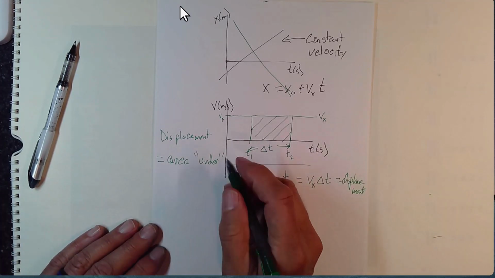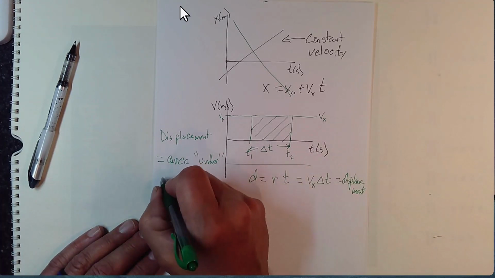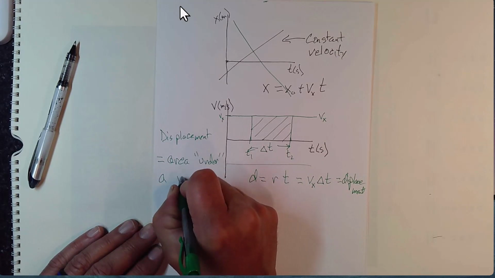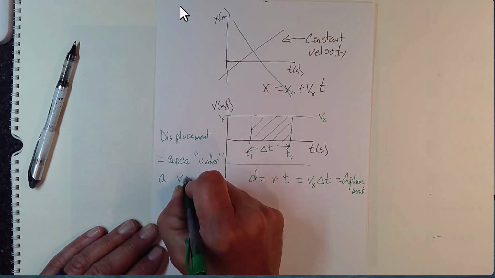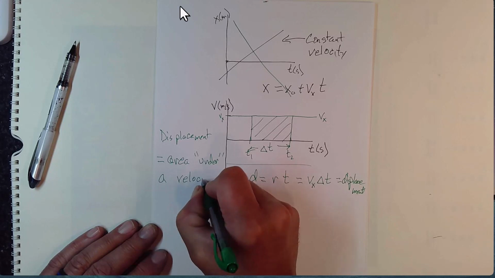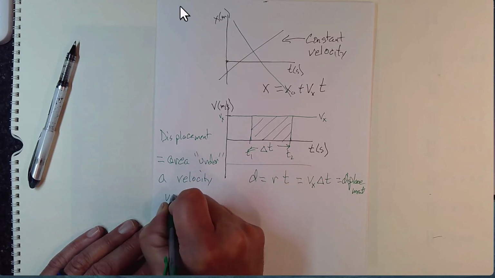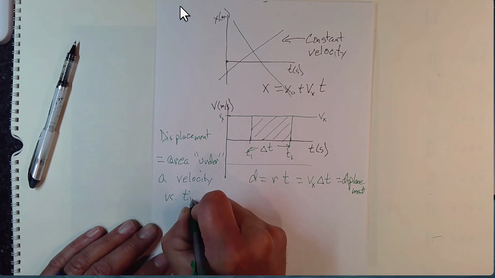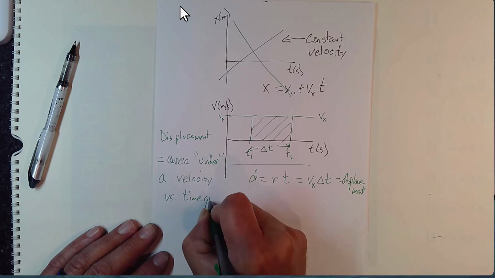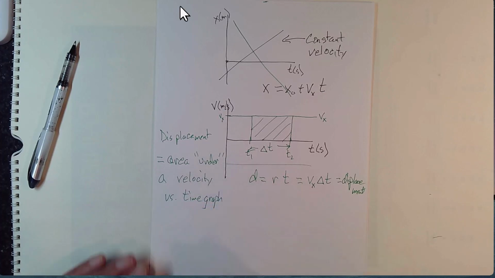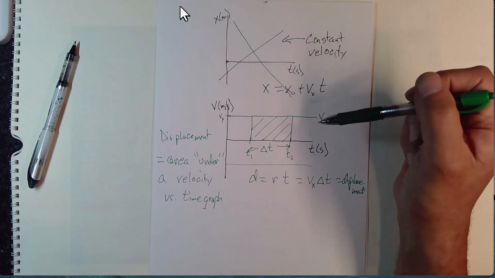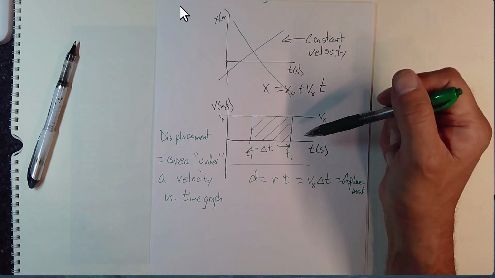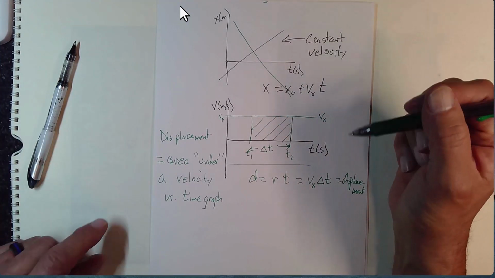You'll find that out in calculus. Displacement equals the area under a velocity versus time graph.